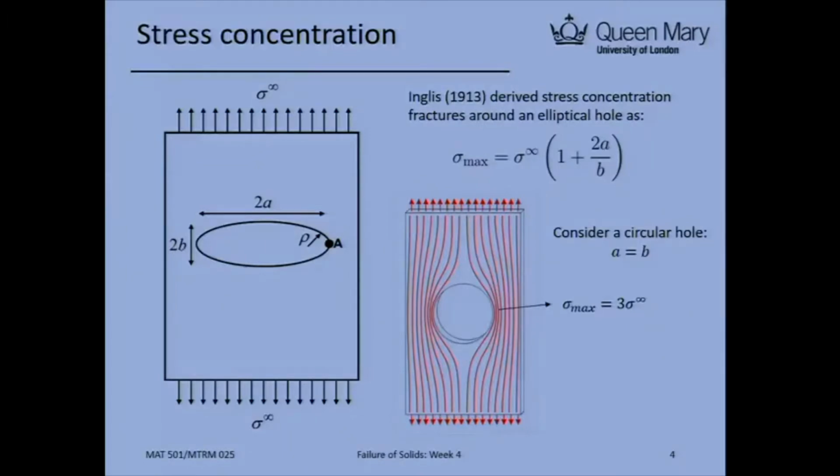Imagine you have less material to hold the full load. Only this piece and this piece of the material sustain the load, so the stress along that tip will give you about 3 sigma remote.